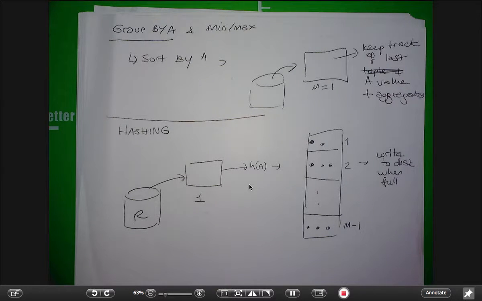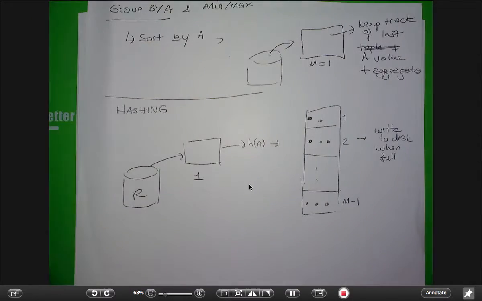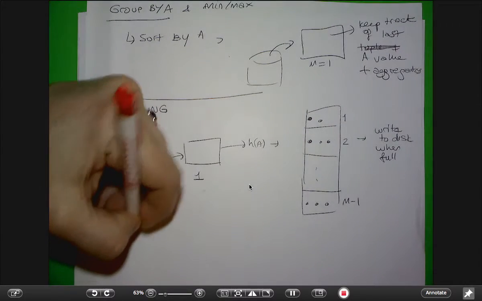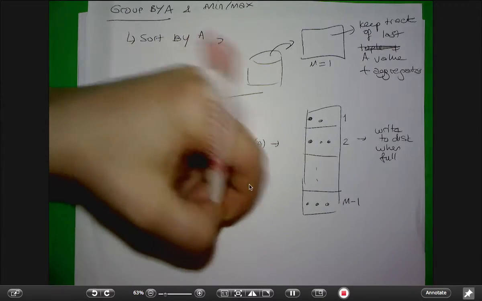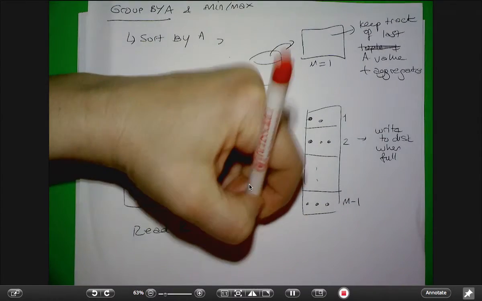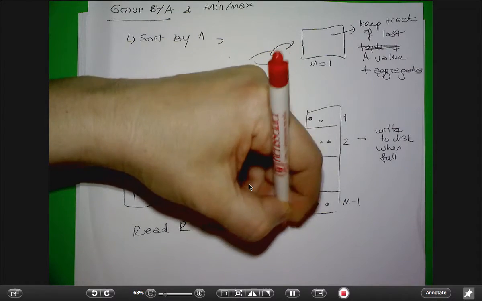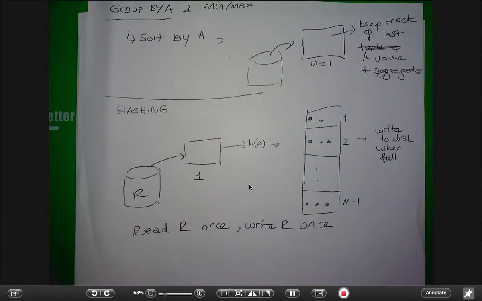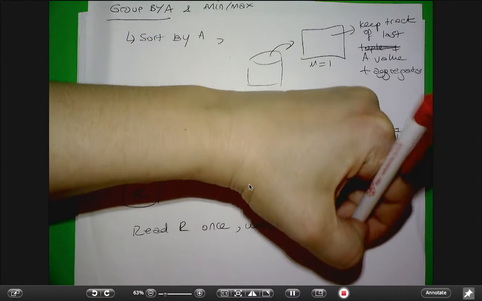But they are not in any way sorted. They are just based on the hash value, right? So whatever you're hashing on, it grouped the relation into that many blocks. So the initial hashing step is read all of R once, and then write R once. But you are writing it in terms of m-1 hash buckets.